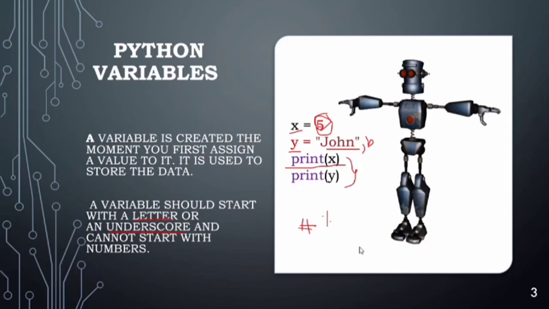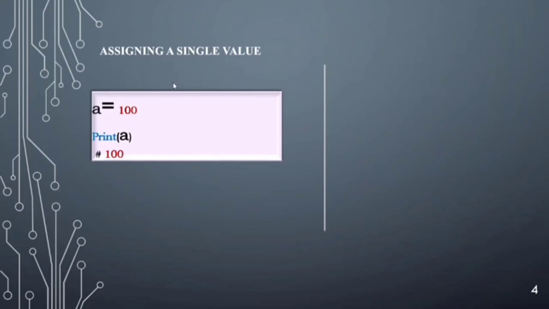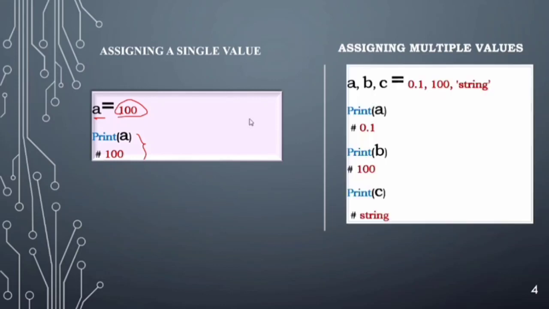Let's quickly get into the variable types. So, assigning a single value: if you are assigning a value of 100 to store in A, and we are printing A. So what if you have a bulk number of data?